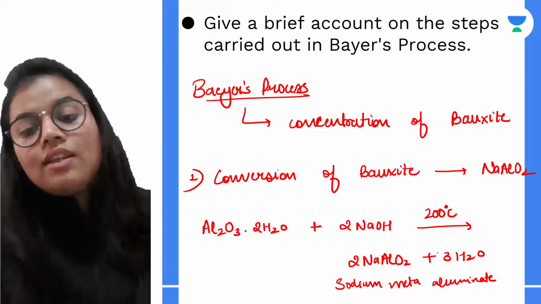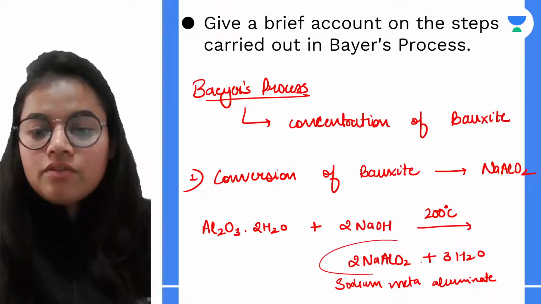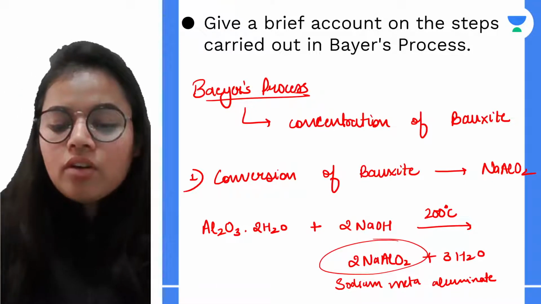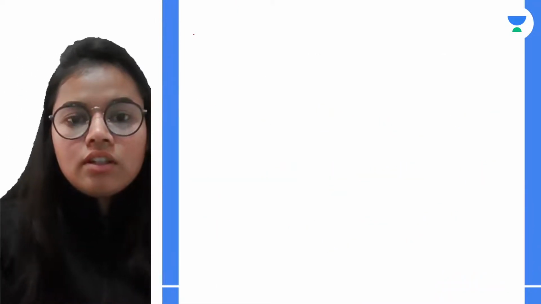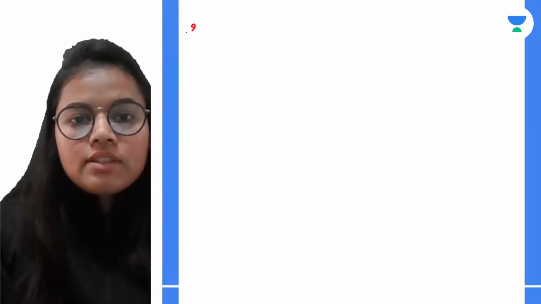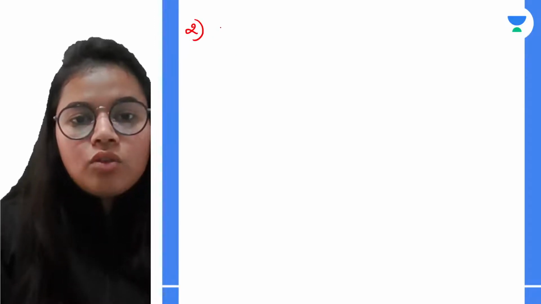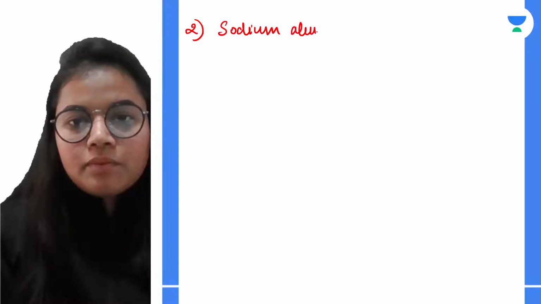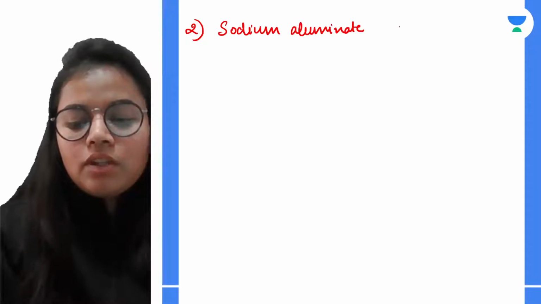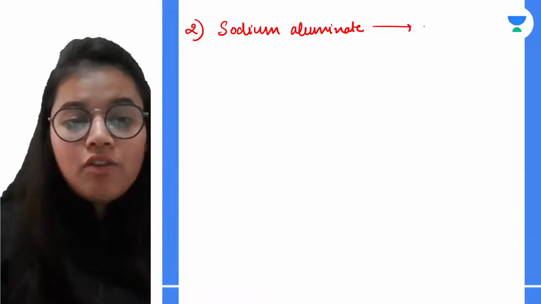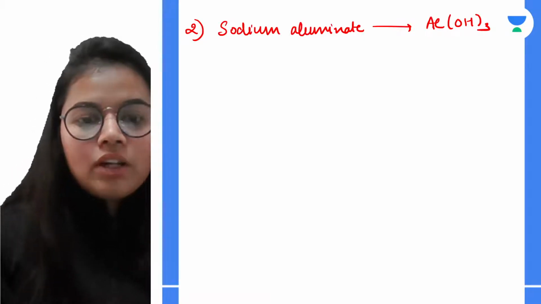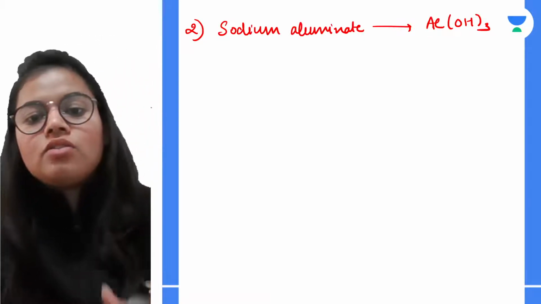Okay, now this sodium meta-aluminate which we have got is converted to aluminium hydroxide. So in this second step, sodium meta-aluminate is converted to the precipitate of aluminium hydroxide. So what are we doing? Basically we are dissolving it.